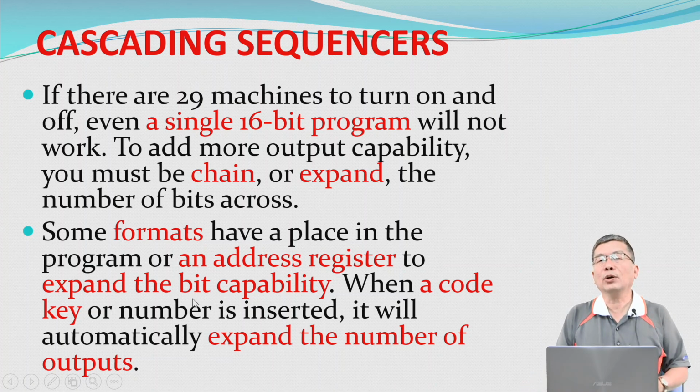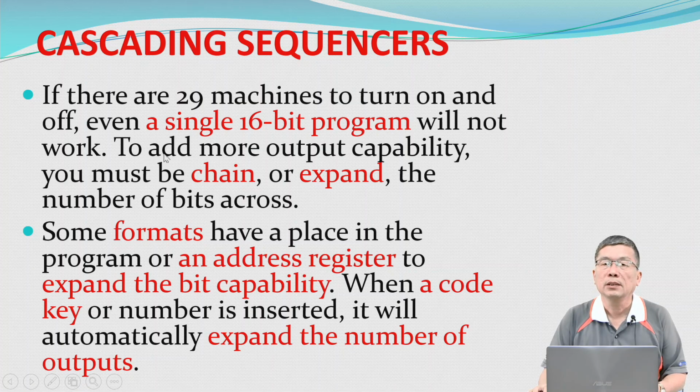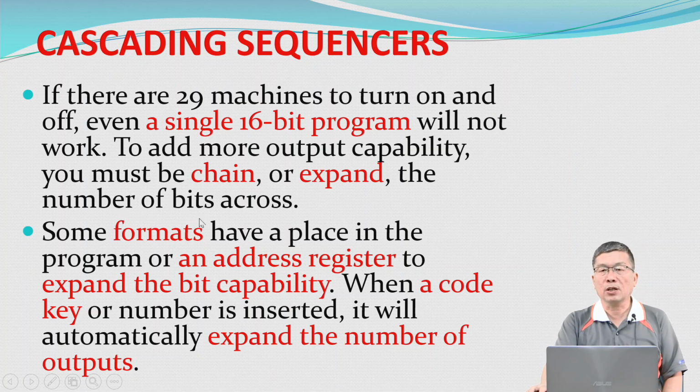If there are 29 machines to turn on and off, even a single 16-bit program will not work. To add more output capability, you must change or expand the number of bits across.